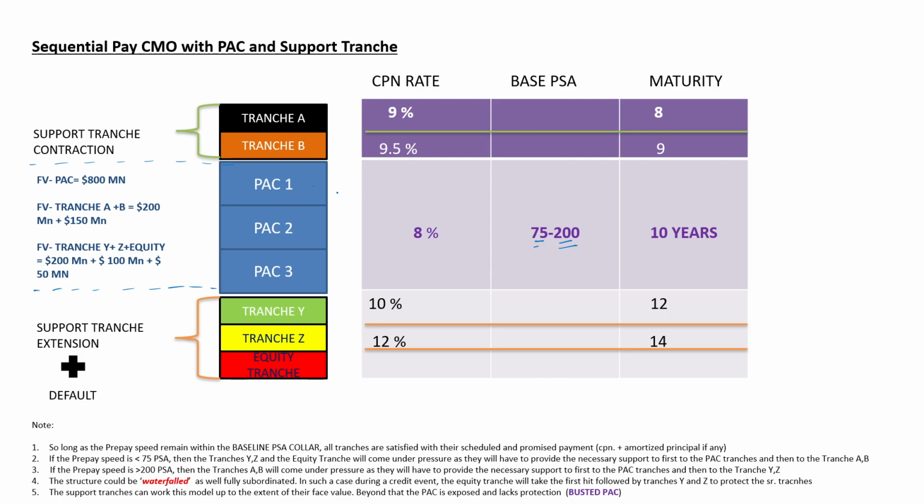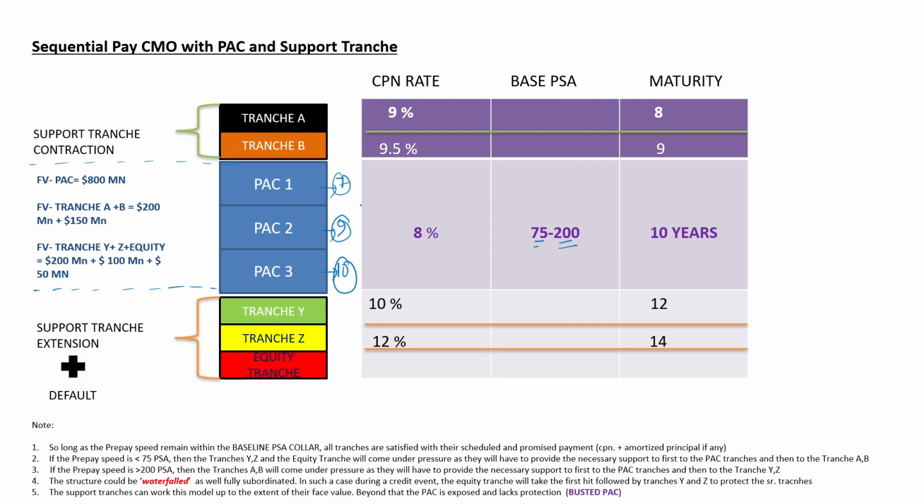For example, if PAC 1 was supposed to have a life of 7 years, PAC 2 a life of 9 years, and PAC 3 a life of 10 years, so long as the prepayment speed remains within 75 to 200 PSA, they will remain immune. They will still have a life of 7, 9, and 10 years respectively. But if the prepay speed is breached beyond that, either on the plus side or on the negative side, then the life could not be guaranteed.